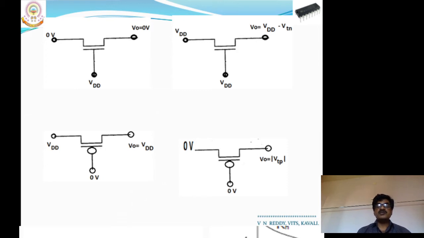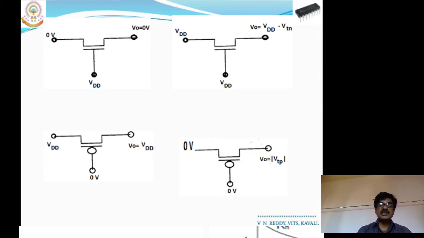So in both cases we have a drawback if you use a single MOS transistor as a switch for transmitting logical values from one end to the other end. To avoid this drawback, the idea is connecting these two transistors in parallel and using complement gate voltages to switch them on.